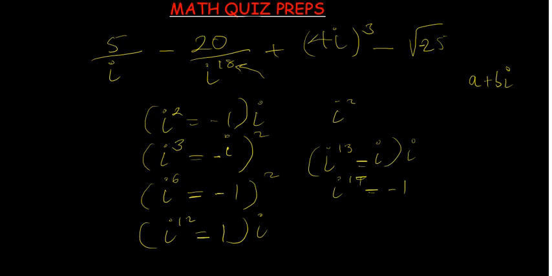This one multiplied by an I will give us I to the power 15 being equal to negative 1 times I, which is negative I.